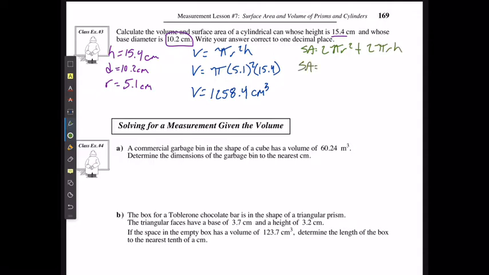So my surface area is going to be 2 times pi times 5.1 squared plus 2 times pi times 5.1 times 15.4. Or my surface area is going to be 656.9 centimeters squared.